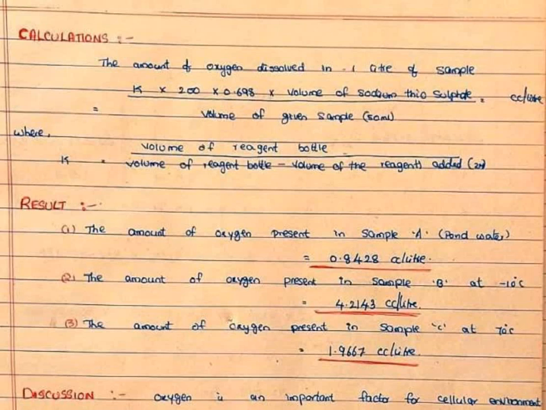Second, the amount of oxygen present in sample B. Okay, so next, results for two samples are done. Next, discussion.